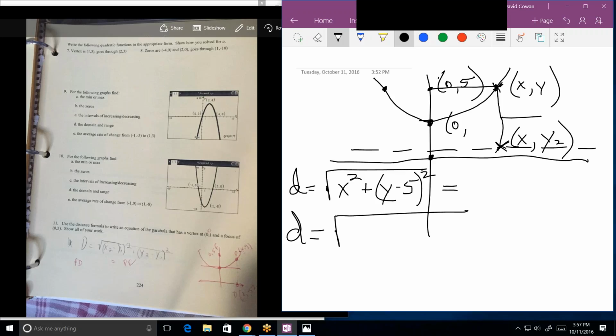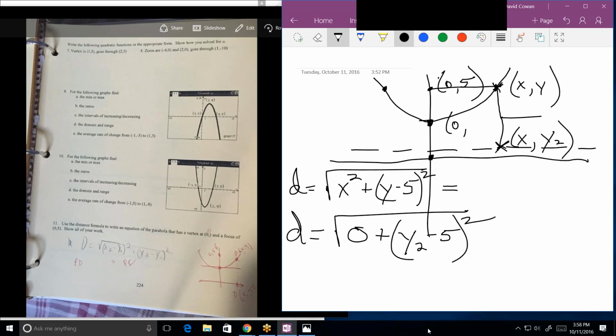Well, the distance is the difference in the x coordinates squared, that's 0, plus the difference in the y coordinates squared. Well, we know one y coordinate is 5. The other y coordinate we'll call y sub 2. So y sub 2 minus 5 squared, and that's that distance. Okay.